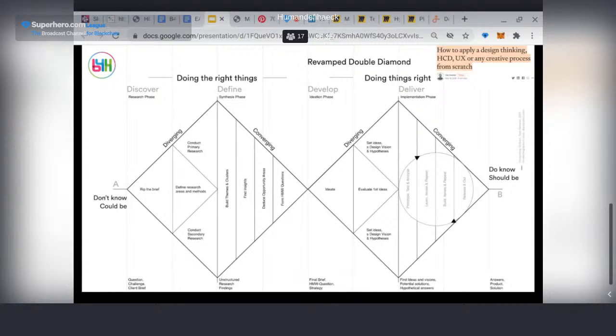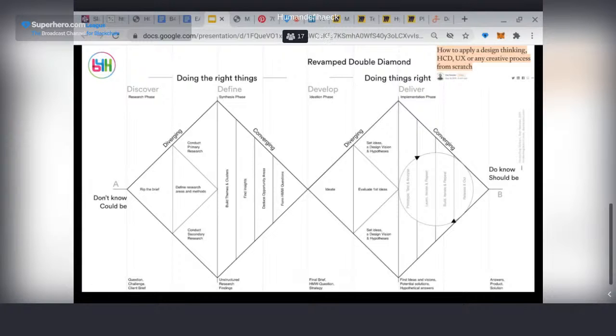The first diamond that you see there is about doing the right things, about finding the proper problem to tackle. It is to decide what is the best that we can deliver as a team.